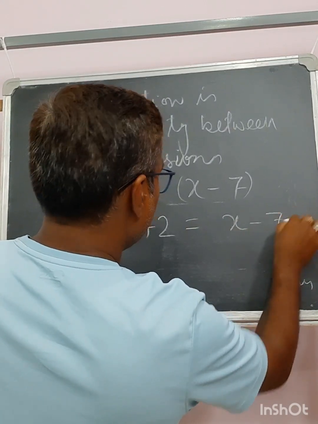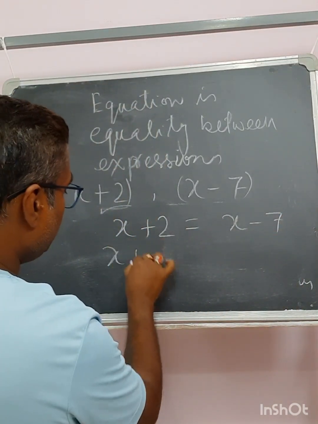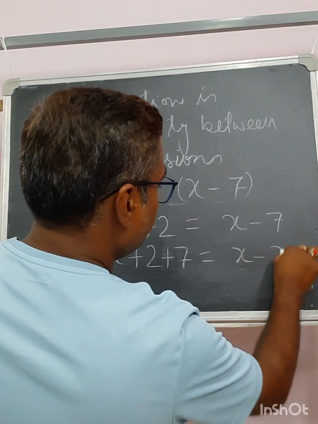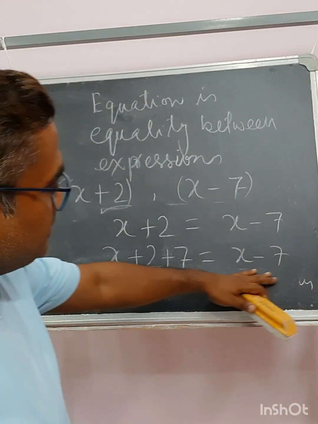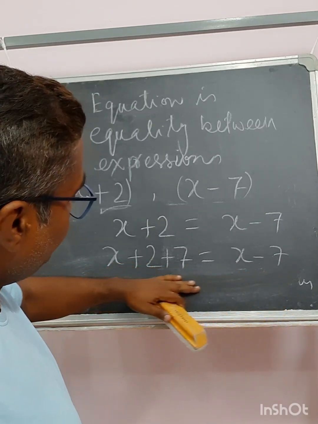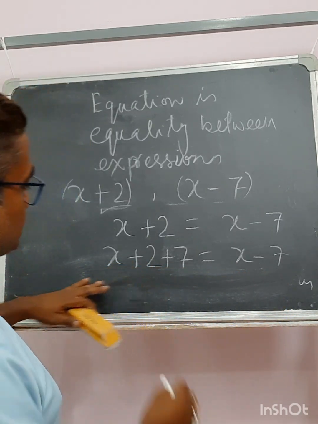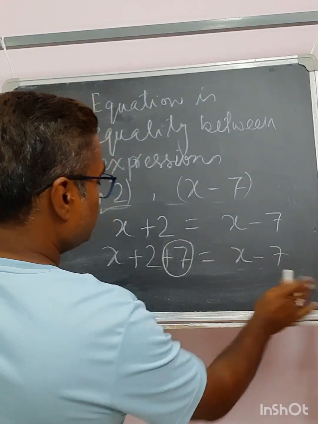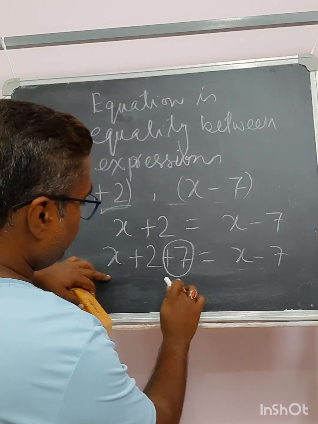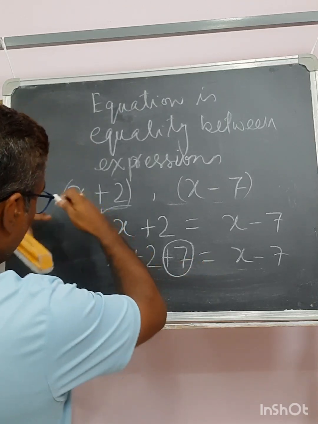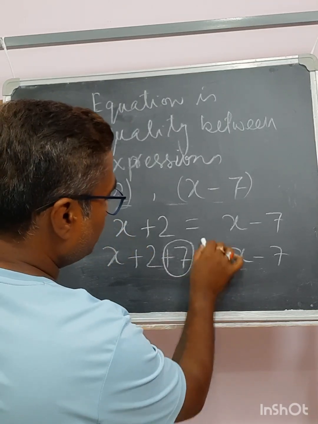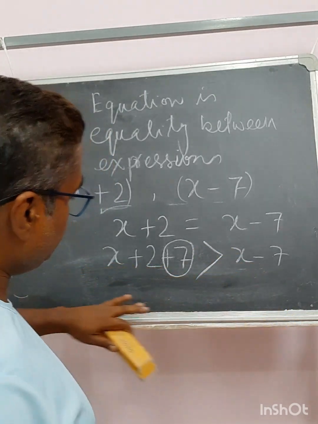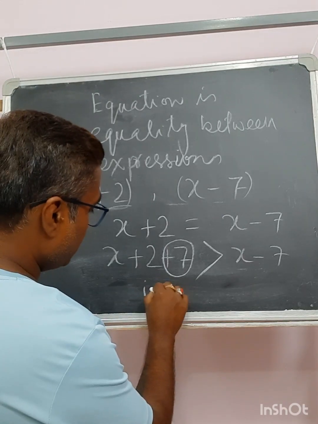if I treat only one side, let's say I'm adding 7 here and doing nothing there, then definitely the equilibrium will be imbalanced. If I put something here and not the same thing there, then where I'm adding will definitely be heavier and more than the other side. So this will be an inequality.